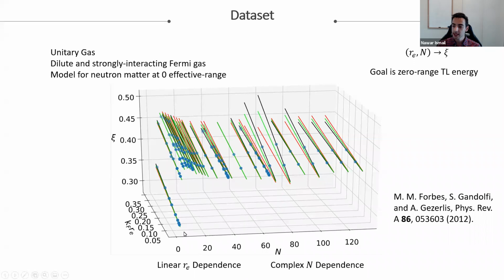Looking here, we see that the effective range dependence is strongly linear, but the N dependence is very complex. This is quite beneficial to us because it means that we can perform linear interpolations without loss of generality or without imposing any physics. However, if we try to do something like that for the N dependence, it would be very difficult.